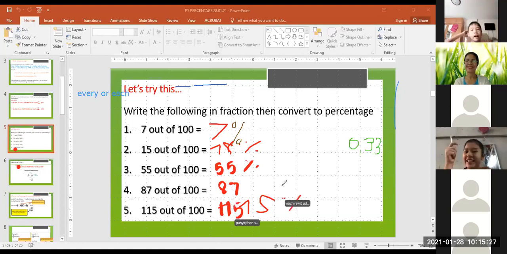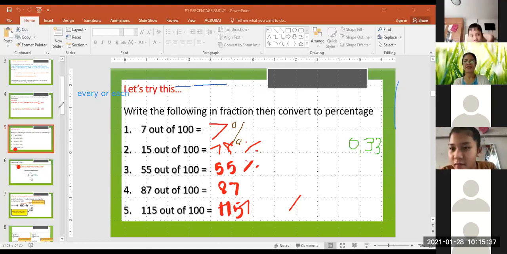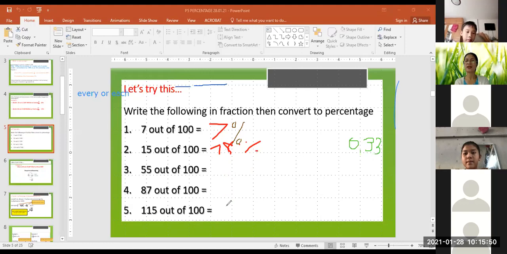What is your answer for 115? Okay, so actually, when you do it, you end up with 1.15. So that is in decimal, 1.15. But here you're just going to write it this way. So correct, everybody got the correct answer. Now let's move on to the next slide.